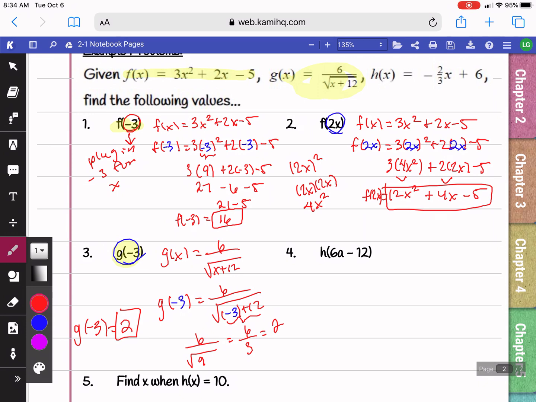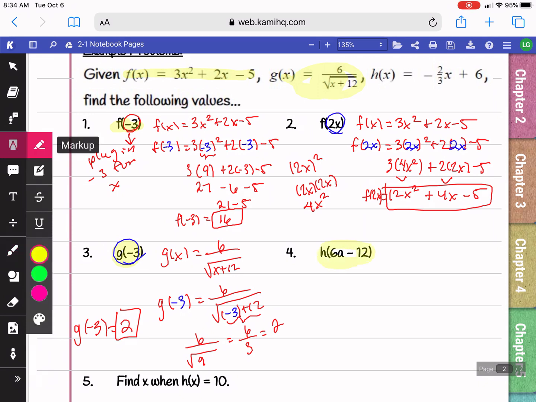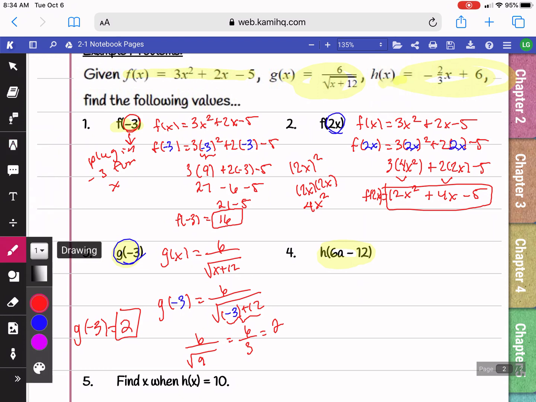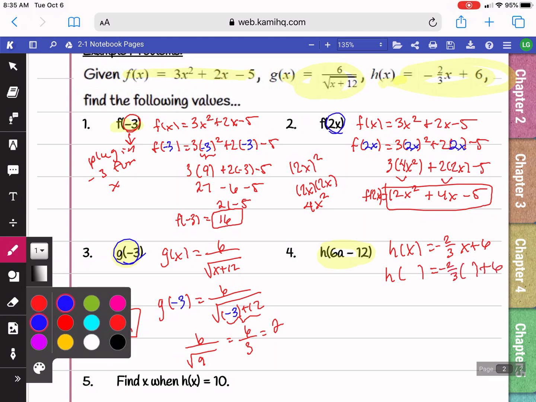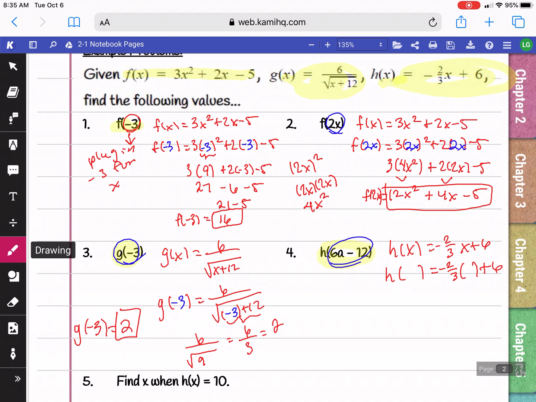The next problem, we're going to use h. h of x is equal to negative 2/3 x plus 6. I'm going to put empty parentheses everywhere I see x. For this one, our input, or what we're plugging in, is 6a minus 12.